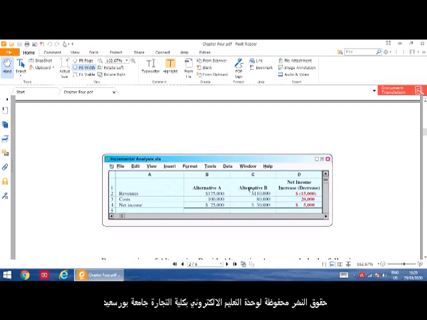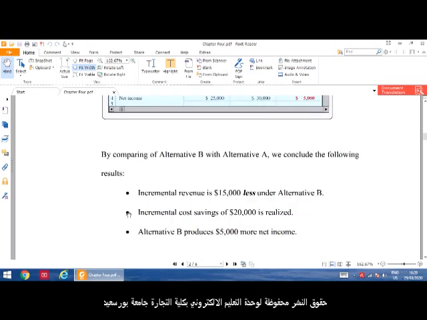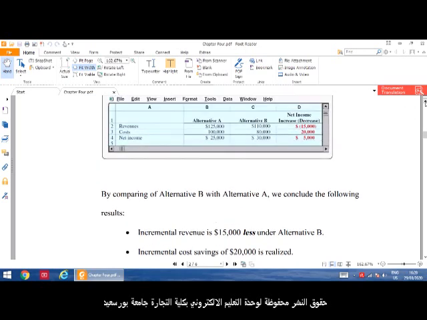Here we have two alternatives, alternative A and alternative B, and the difference between these two alternatives in net income, increase or decrease, revenue, cost, and net income. Alternative A is a base.